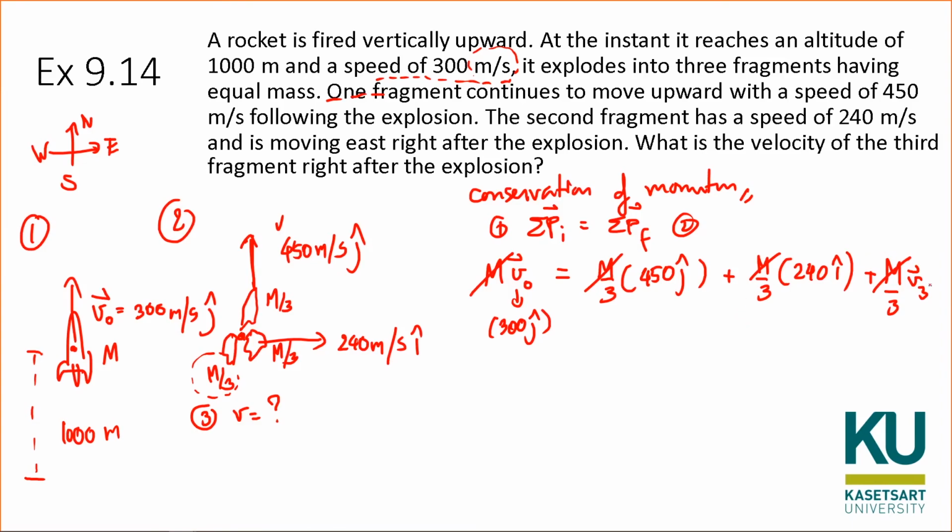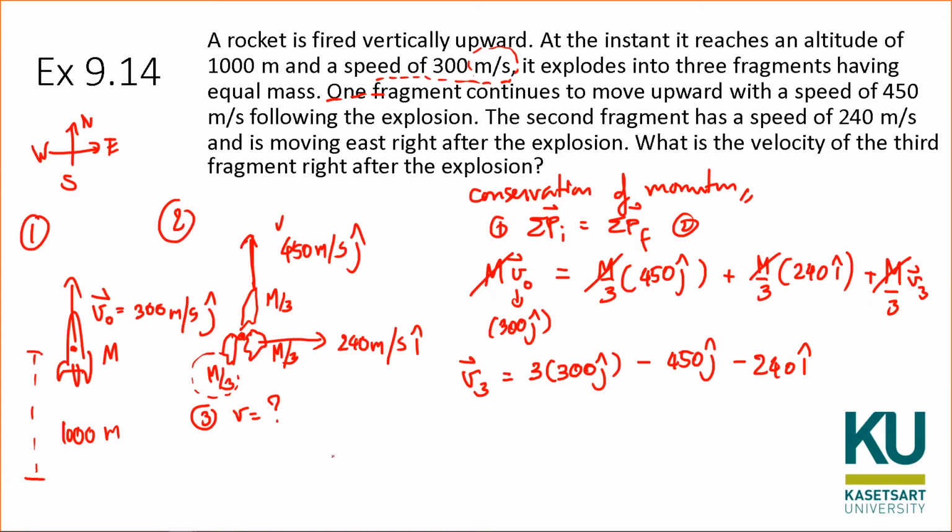I will rearrange the terms. V3 equals, since this is all divided by 3, I multiply by 3: 3 times 300 j, minus 450 j, and also minus 240 i.